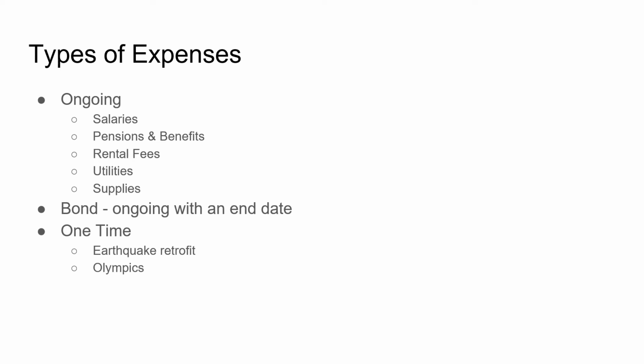And then there are also certain things that are just events. For instance, if your city gets the Olympics, you're going to end up having to spend a lot of money related to that one-time event. Other examples would be the Super Bowl or a centennial celebration or anything like that.